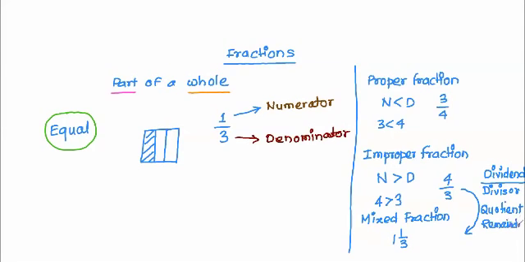If it is not a perfect division, we get a remainder. In the mixed fraction, whatever quotient we get when we do this division comes here, then the remainder goes on top and the divisor below. That is the mixed fraction: quotient, remainder upon divisor.